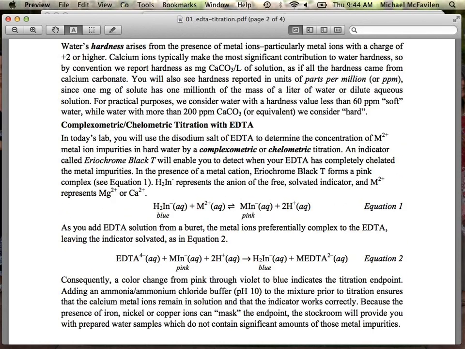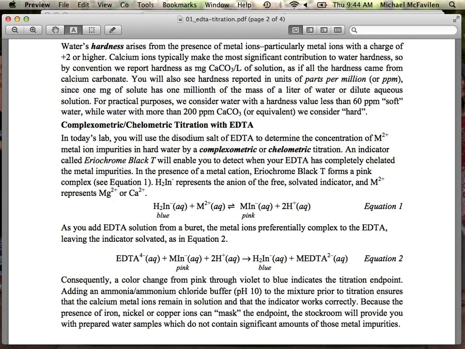So just like you would have done with phenolphthalein, which I think is what you used as your last indicator. Okay? The indicator used in this case, because this is also an important thing that we should talk about in the introduction, is Eriochrome Black T. Okay? It's a different indicator than you've used before, so you should include some information about it. Okay? It has a slightly different color change than you would expect, pink to blue in this case.